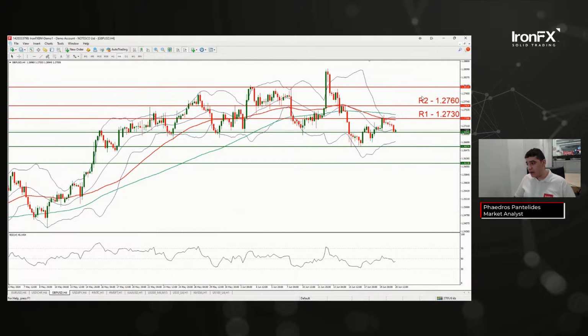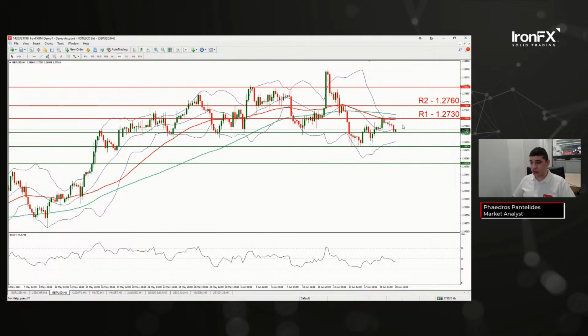Now, even though we might be slightly bullish for the particular pair, we should note that the initial jobless claims on a weekly basis is expected to provide support for the US dollar, in addition to the Philly Fed Business Index. Those two could provide support for the US dollar.